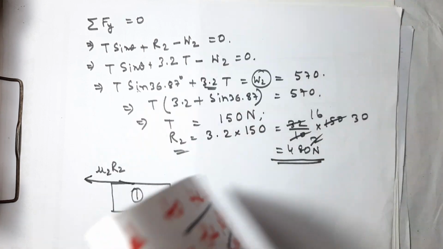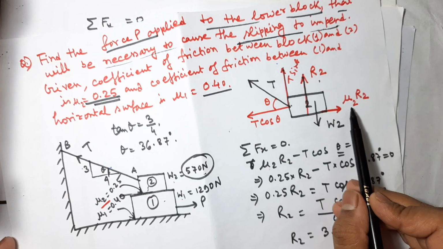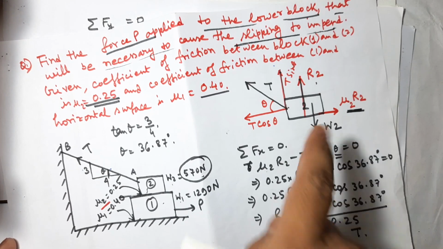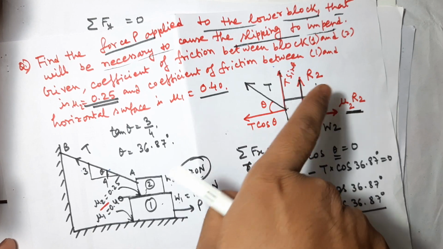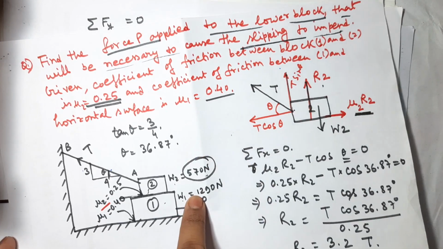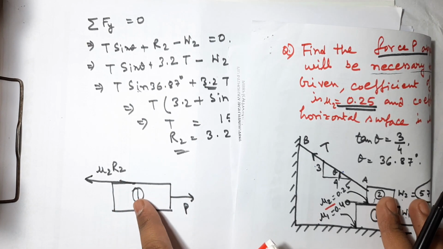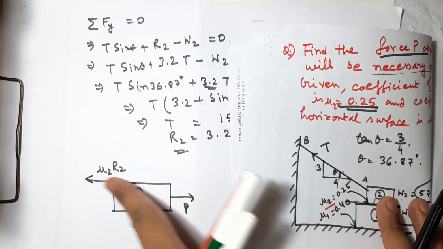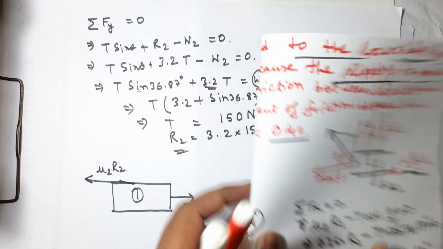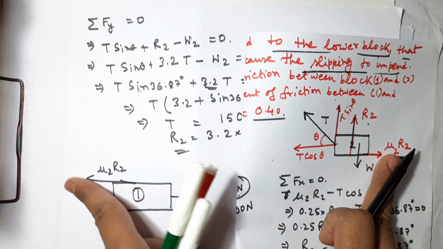Due to the first block mu2 R2, this direction the frictional force is acting on the second block by the first block, but here it is the opposite case. Second block will exert frictional force on the first block in the opposite direction, right.